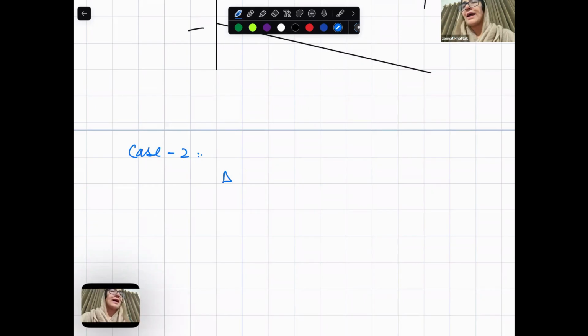What is the second case? The delta H is positive and delta S is negative. A reaction which is endothermic with less disorder in the product. Such reactions are not possible at any temperature.